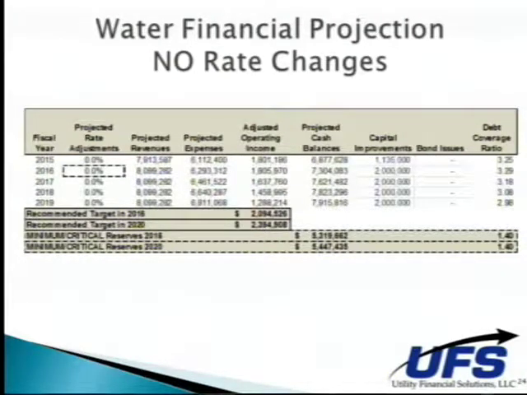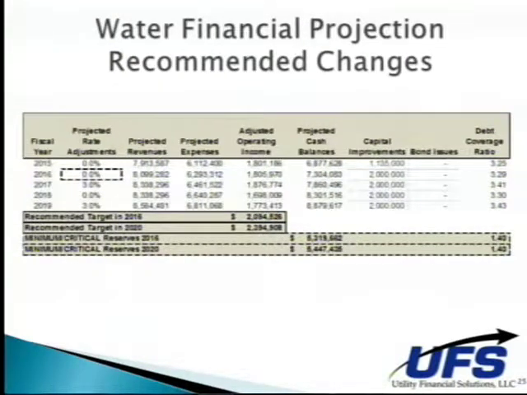So if you want to go to page 13, the first table at the top, in the water department, remember in the wastewater department, we recommended a 3.5% increase for next year, okay, 2016. Now in the water department, when the wastewater department would have a 0% rate change, we would recommend a 3% rate change in the water department.